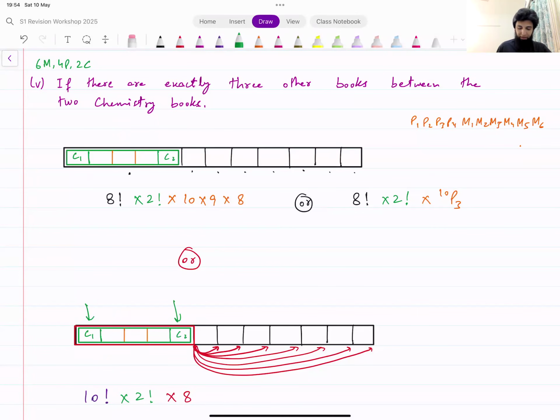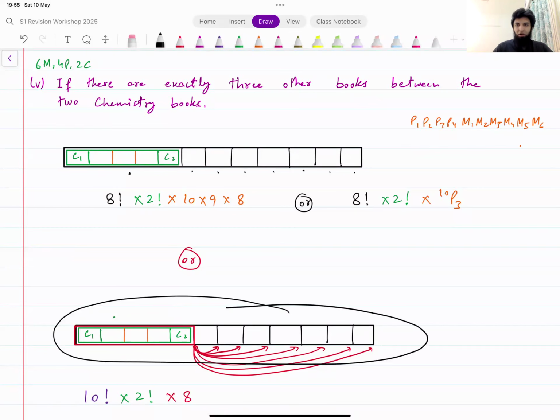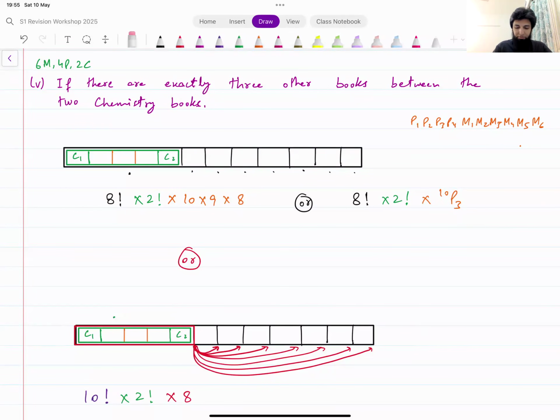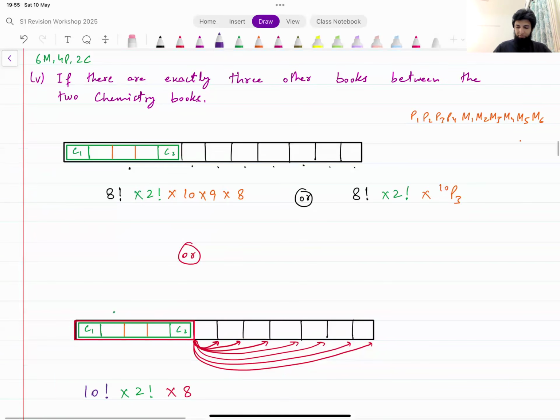Okay. And inside, we've got the 3 other books. Okay. And now we do not consider arrangements of the outer boxes. We do not think about boxes in this case. We think about the letters, the objects that are inside.